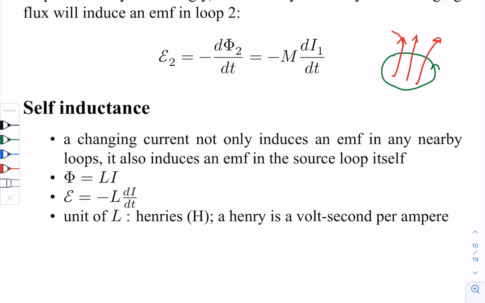But here say that it's a normal loop, and we want to calculate the self-inductance. Then we can simply use the exact same formulas. If we introduce some current, that must give us some corresponding flux phi. And if we calculate this flux, then the ratio of the flux over the current will give us this inductance L. So I use L here for the self-inductance.